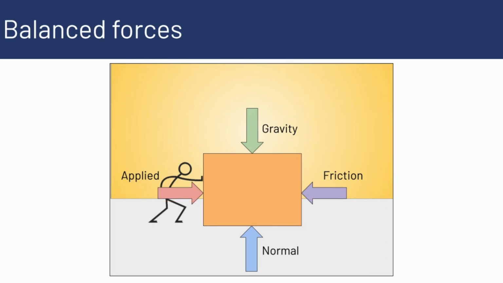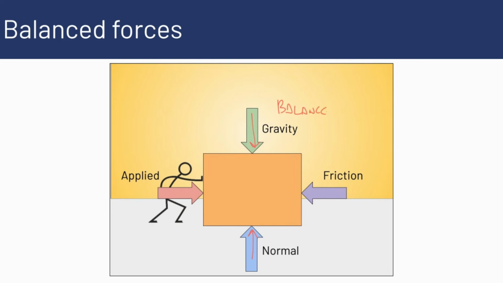Here we have the same example of a person pushing a box across the floor, but in this case we have balanced forces. Again, we have gravity pushing down, and we have the normal force pushing upward. These arrows are the same length, so they have the same magnitude. Gravity and the normal force are balanced, as they will always be.